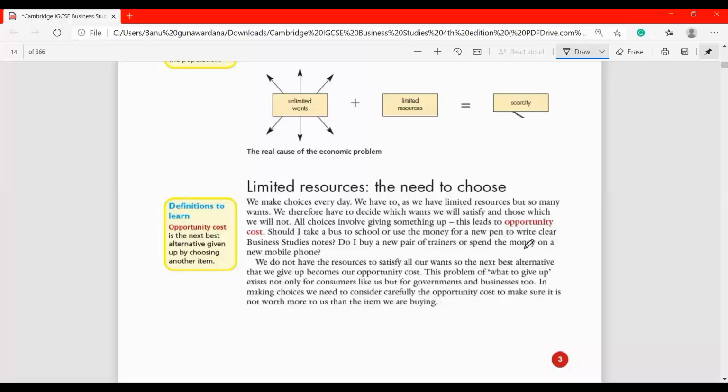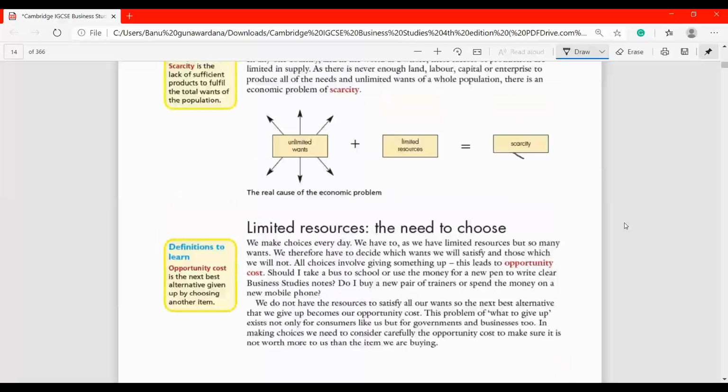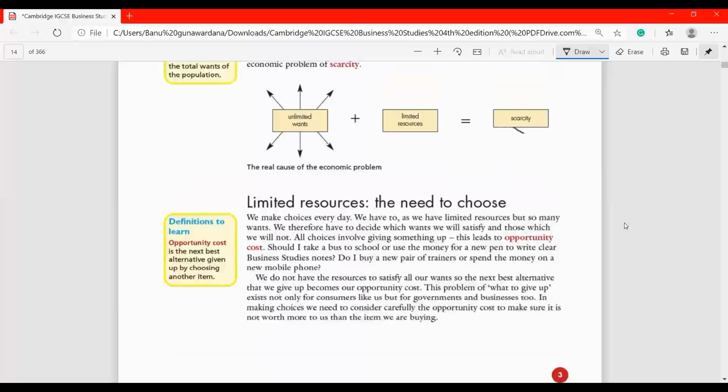So, a business which is trying to produce something, or a person who is trying to consume something, must make a choice. For example, if you have $50 in your hand, and you want to buy a video game, or instead you can buy a bag, actually a school bag that you can carry books in, at the same time you won't be able to buy both due to the limited amount of money you have in your hand.